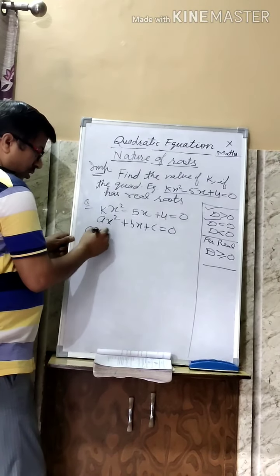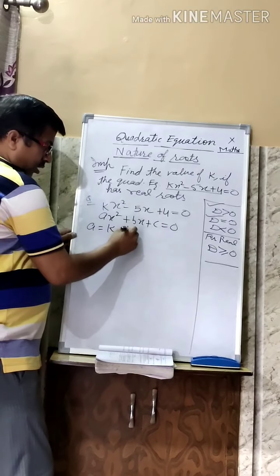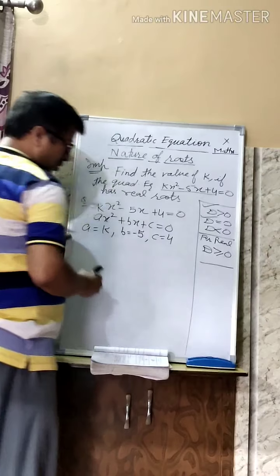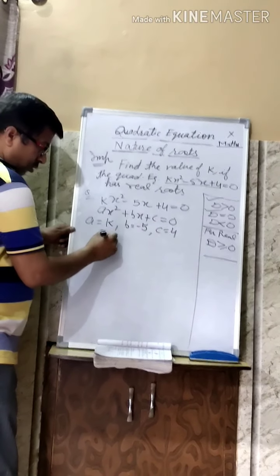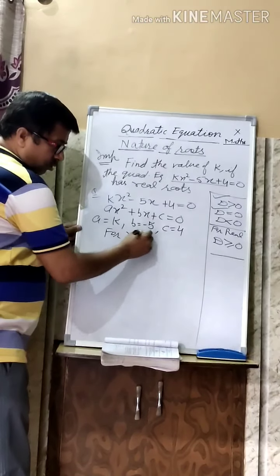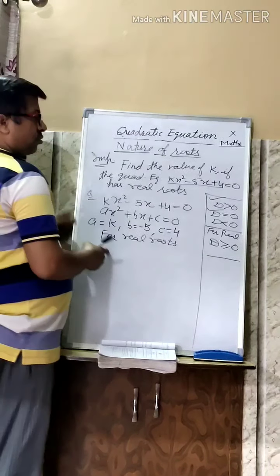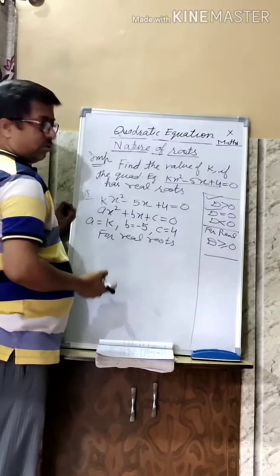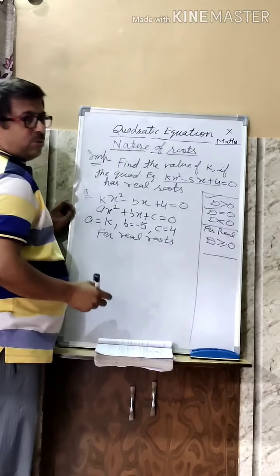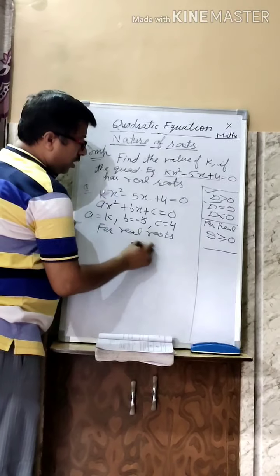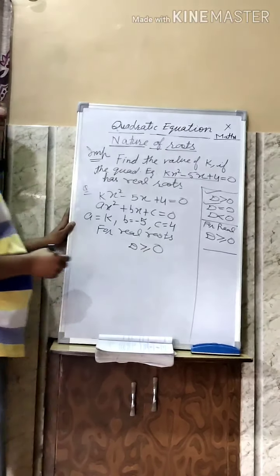So a is equal to k, b is equal to minus 5, c is equal to 4. So for real roots, this is the main formula. We have to write this formula, otherwise marks will be deducted. So for real roots, D greater than or equal to 0.